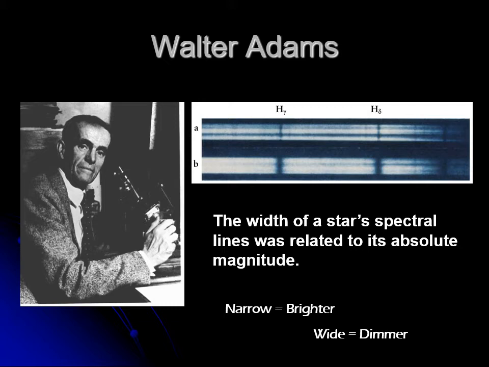If the temperature is the same, the constant is obviously the same, so area, how big it is, matters, and the bigger star is going to be brighter. We also know that the brightness of the star is related to the absolute magnitude. So by looking at the width of the spectral lines, you can estimate the absolute magnitude of the star.